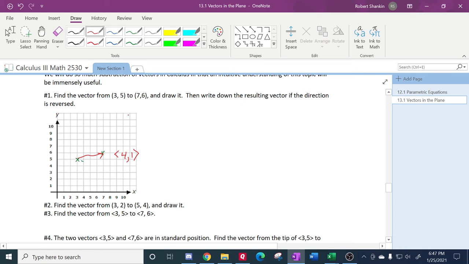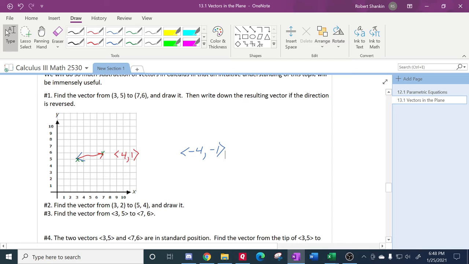Then write down the resulting vector if the direction is reversed. If I reversed it, all it would mean is I'd be going in this direction. I'd go from here, left 4 and down 1. So when you negate each coordinate, it reverses.